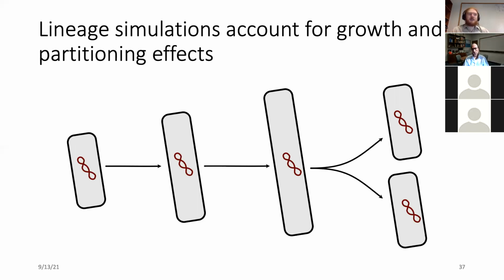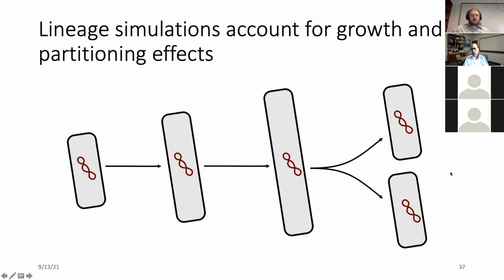The first thing you might try to do in a lineage simulation would be to translate this idea and say, all right, each cell has some copy number of DNA, and that copy number stays fixed as the cell grows. And then when the cell divides, each daughter cell gets that same copy number. So the DNA of the parent is copied instantly at division time.